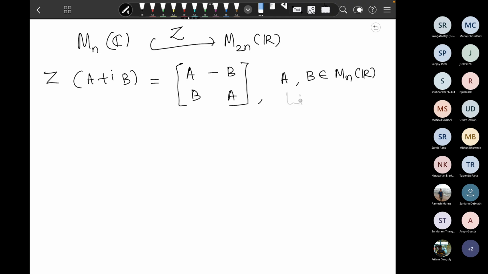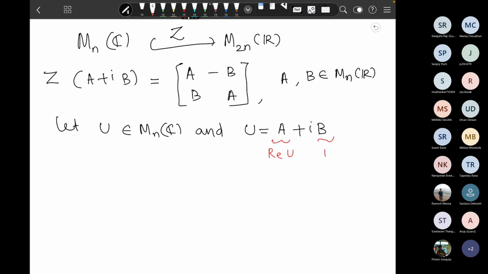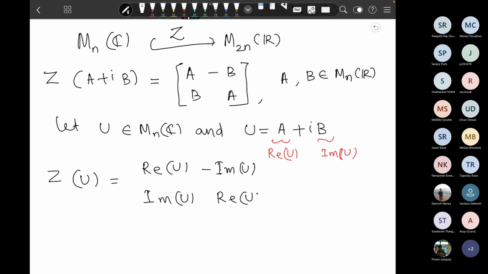Let U belong to MnC, and U is A plus iB. This A is called the real part of U, and B is called the imaginary part of U, for obvious reason. So now we can write Z of U as the matrix with real part of U, minus imaginary part of U, imaginary part of U and real part of U.